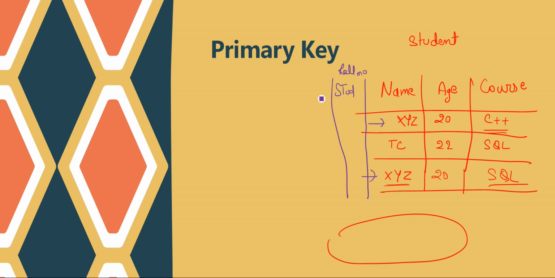I will provide a roll number to each and every student with a unique value. If this XYZ's roll number is 1, this is going to be 2, this is going to be 3. Now when I say roll number 1 XYZ please join our class, the student will be very sure: my roll number is 1, so ma'am is asking me to join, right?